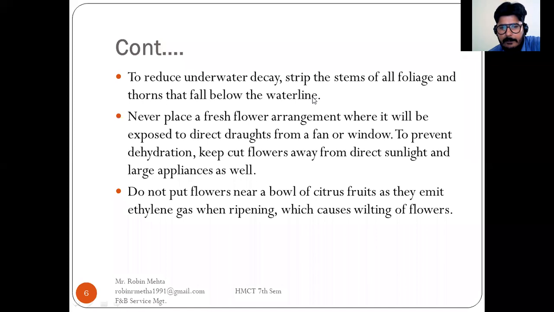And next, never place a fresh flower arrangement where it will be exposed to direct draught from a fan or window.